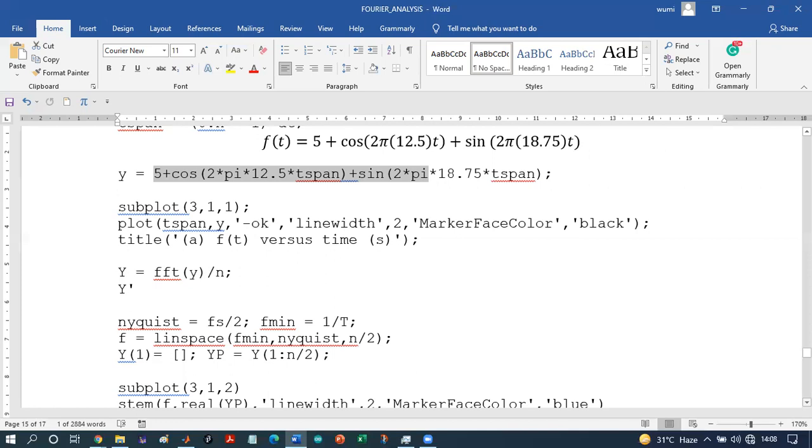Then the real part is 0. For this one, you have 0 here, you have 0 here, then you have 0.5 here, then you have 0 here. Then for the third one, it's just the imaginary part you are plotting. So there's no imaginary here. 0, 0, 0.